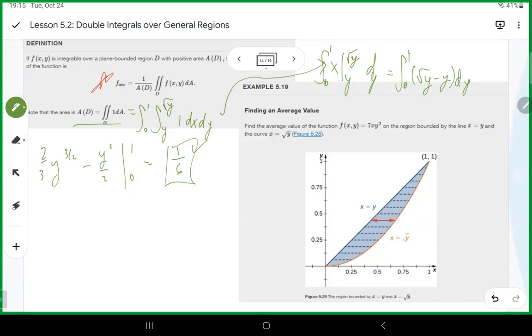Then the average value of the given function over this region is, and now we have to do the average.